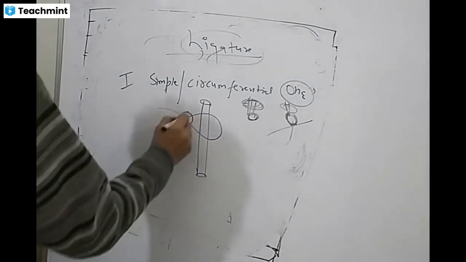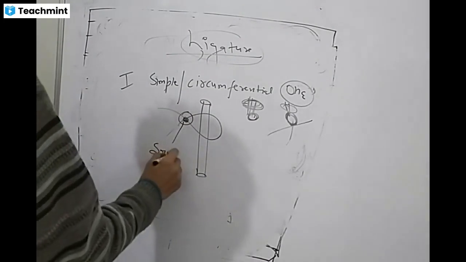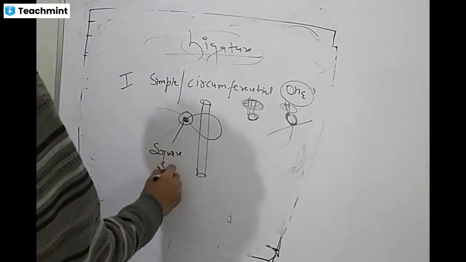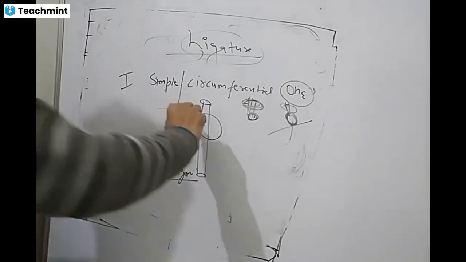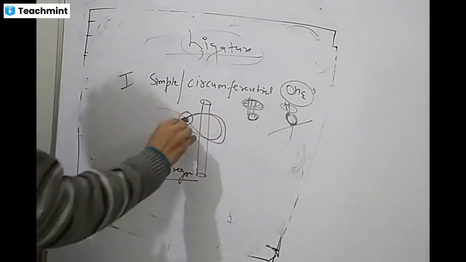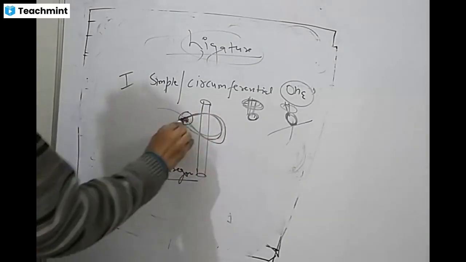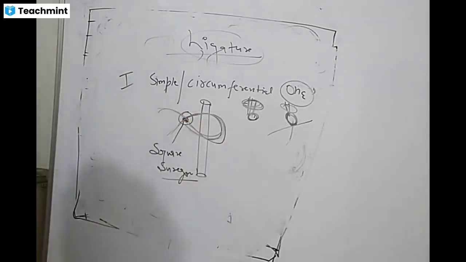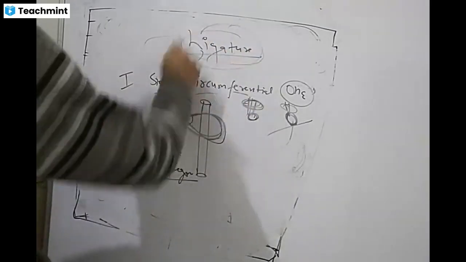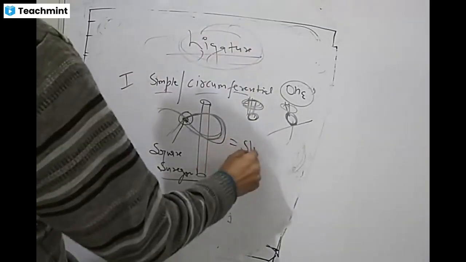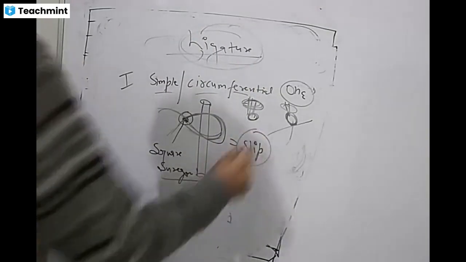This knot may be your square knot, or some people use surgeon's knot here. So simple means we move around the circumference of the vessel and simply tie. But the problem with circumferential or simple ligature is it can slip.